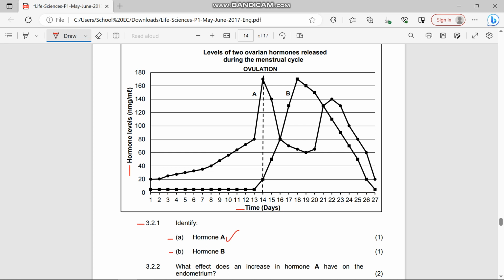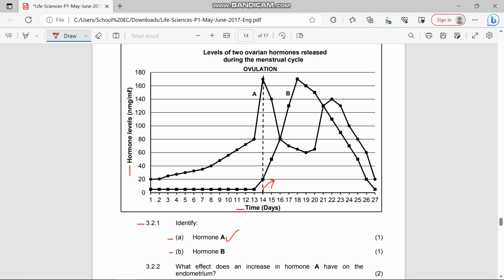So after day 14, the progesterone as the ovarian hormone kicks in, being secreted by the corpus luteum, because on day 14 the Graafian follicle breaks to release the egg.